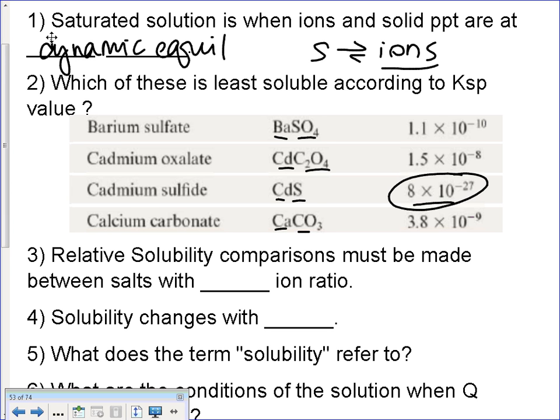Well, let's say this makes x and x amount of cadmium 2 plus and sulfide 2 minus. x times x gives me Ksp, right? So approximately what would the x value be if we know that x squared is equal to this?